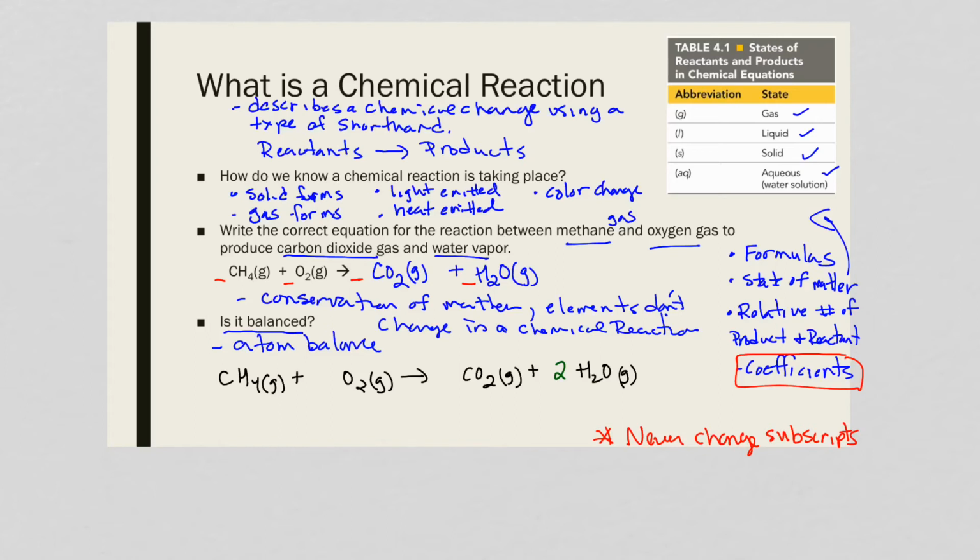Well, if I have 4 and I have 2, one simple way that I can balance that is simply to put a 2 here, and then I have 2 times 2, or 4 oxygens over here, and 4 oxygens over here. Now, like I said, different people will approach these differently. Some people will write it out like this.